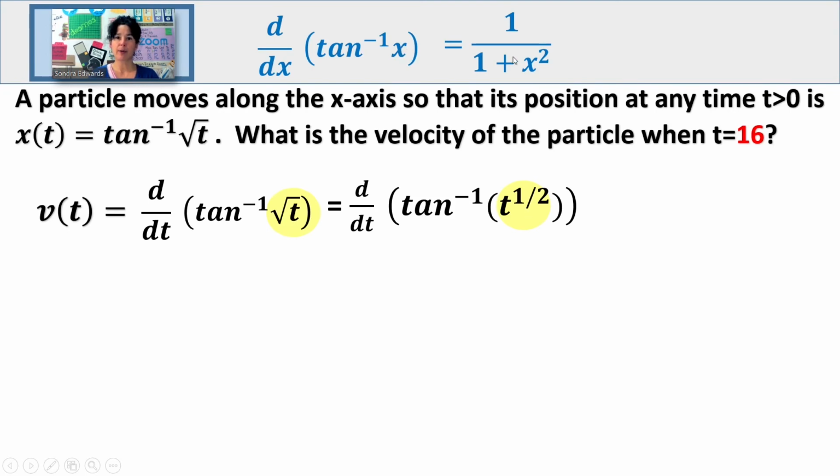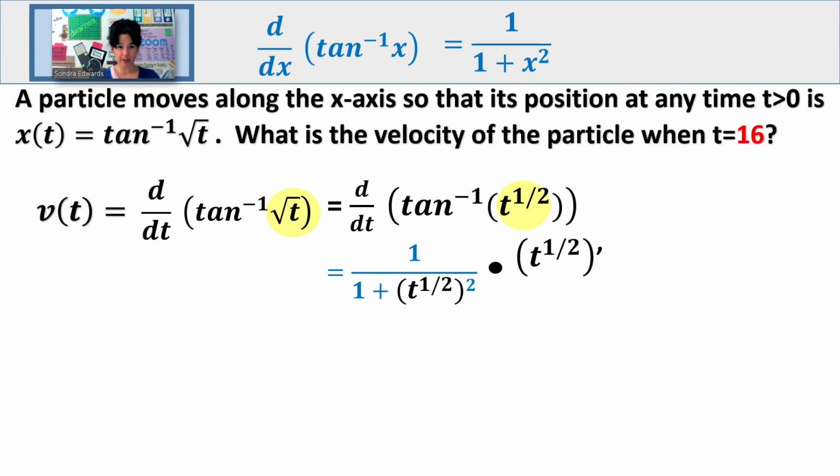So I'm going to replace this x with t to the 1/2. There's a little bit more to it, right? If we're taking the derivative with respect to t, anything that is not a plain t is going to be treated like an input function. So that means we need the chain rule. So we're going to chain on the derivative of t to the 1/2.